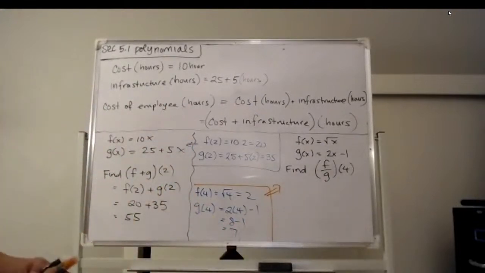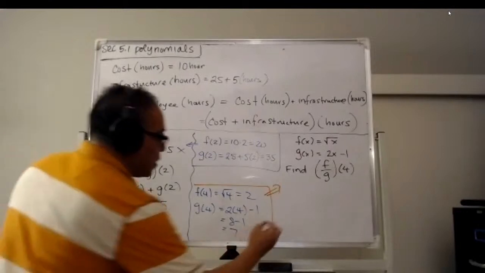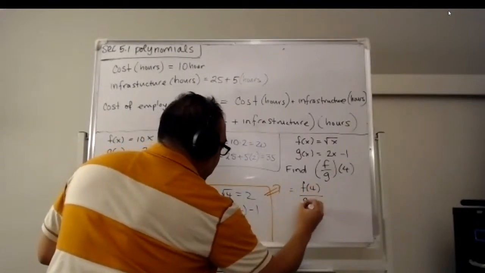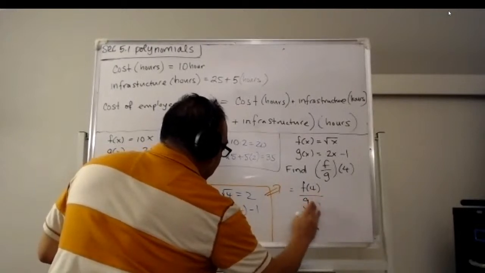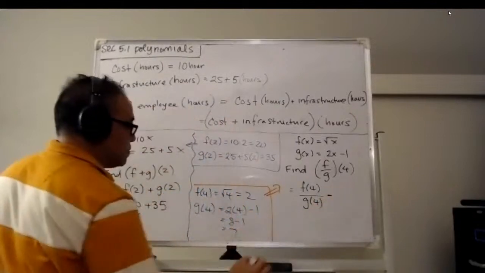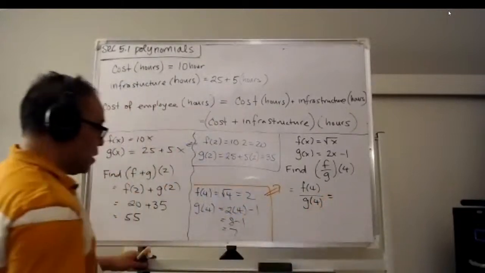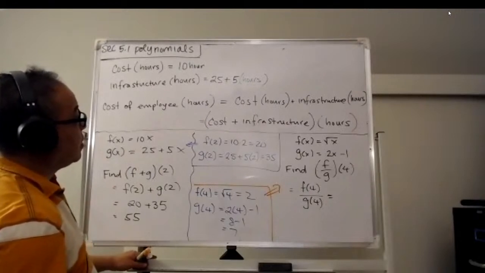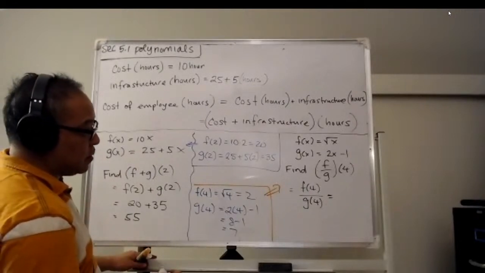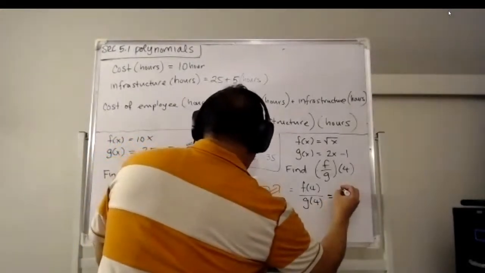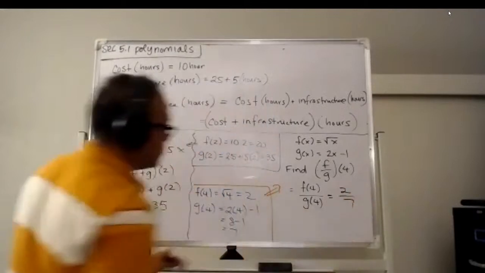So this will be equal to f of 4 over g of 4, which is, I'm sorry, 2 over 7.